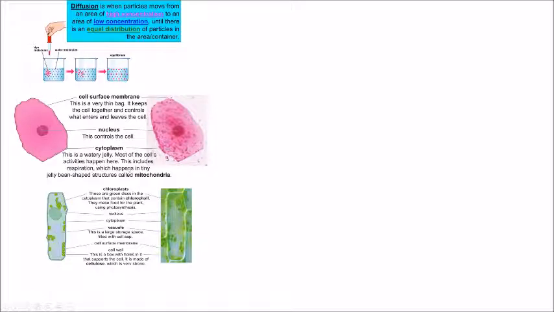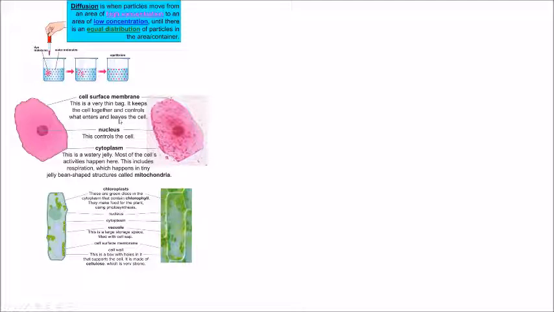Now the cytoplasm is a quite watery jelly, and it contains lots of chemicals, and it's where all sorts of chemical reactions happen. Okay, so it might be that oxygen or glucose has to get into my cell, and it will do that by diffusion. So it will do that by this process here. Now it will pass through the cell surface membrane.